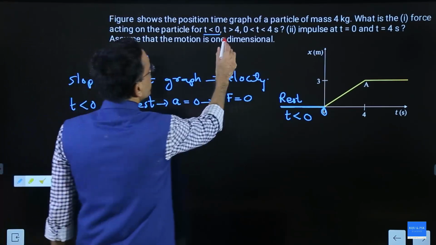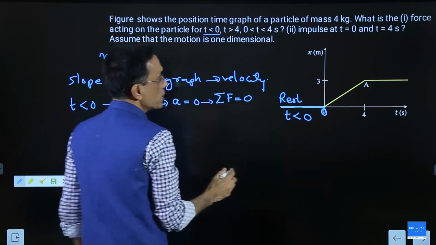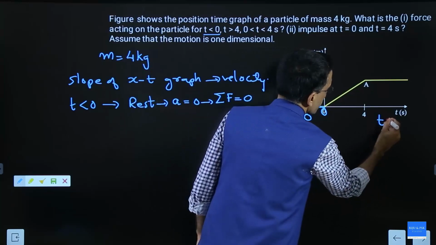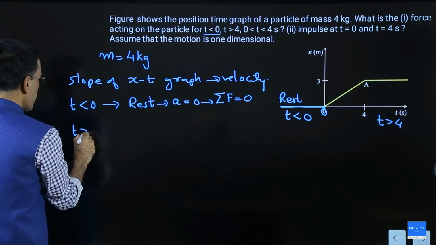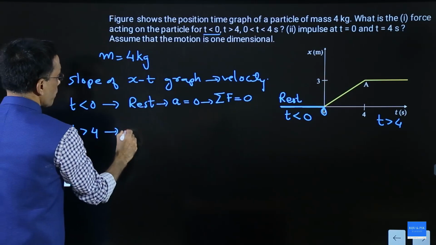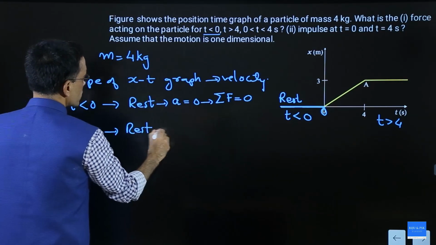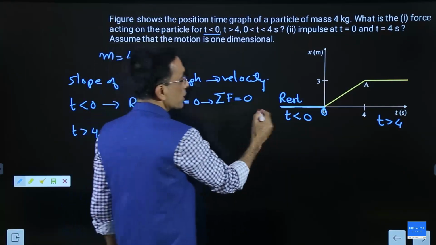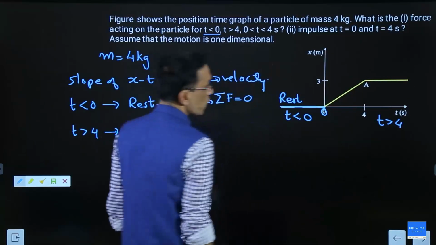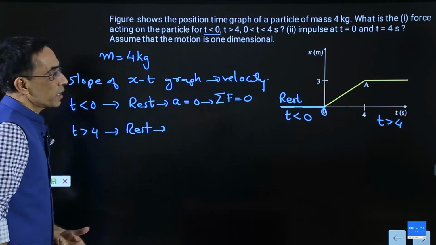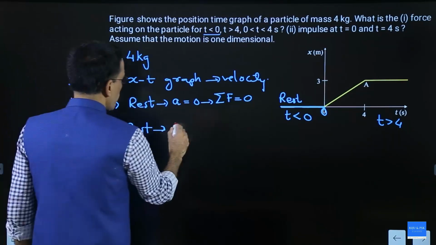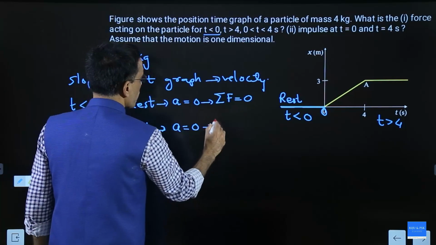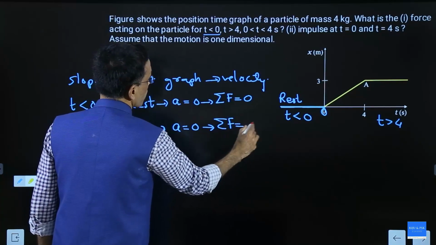Now t greater than 4. This is t greater than 4. So for t greater than 4, the body is again at rest because the slope is 0. You can see this part slope 0, this part also slope 0. Slope 0 means velocity 0, velocity 0 means the body is at rest. So acceleration equal to 0, that means the net force acting on the body equal to 0.